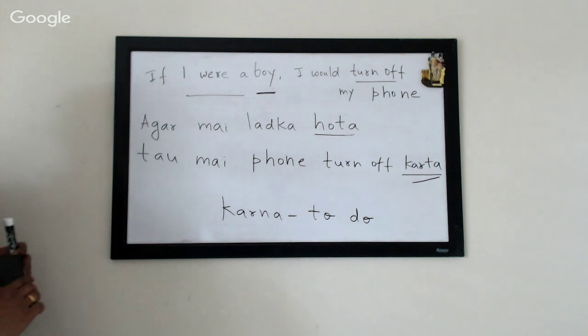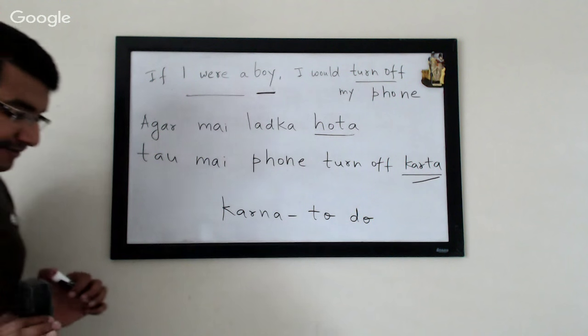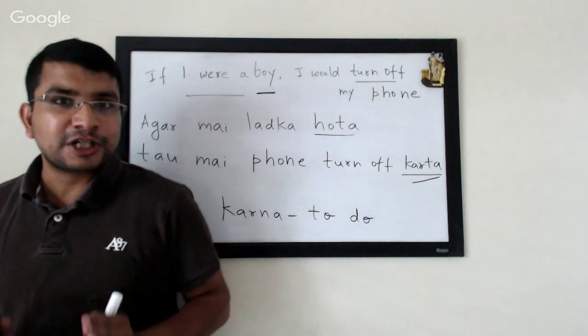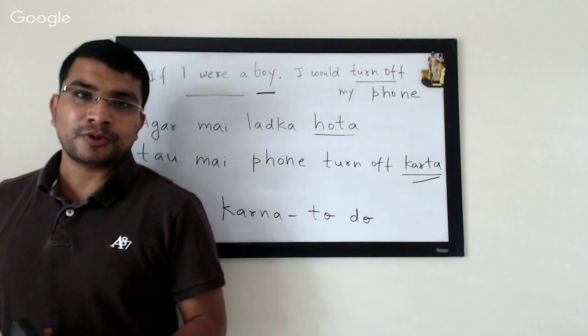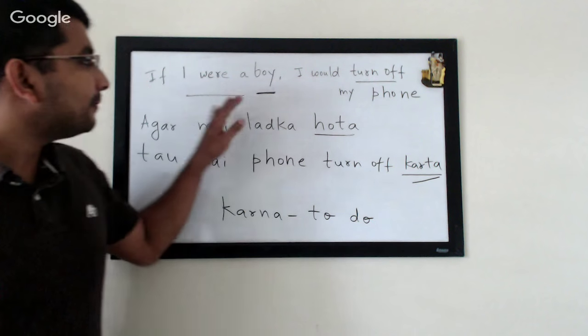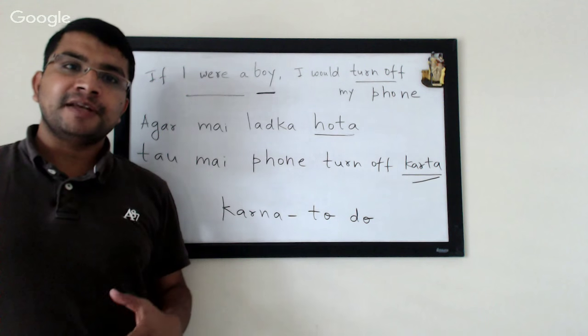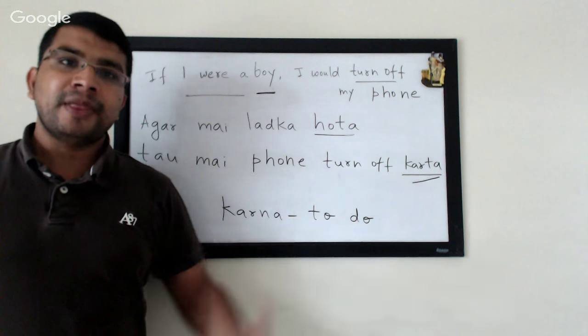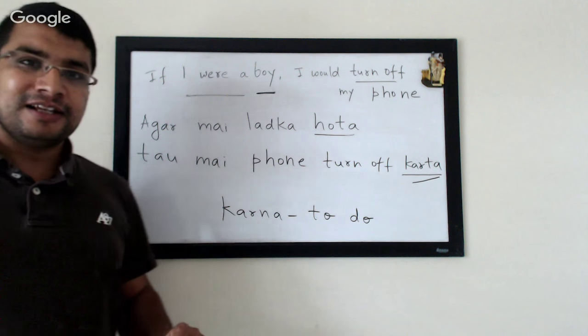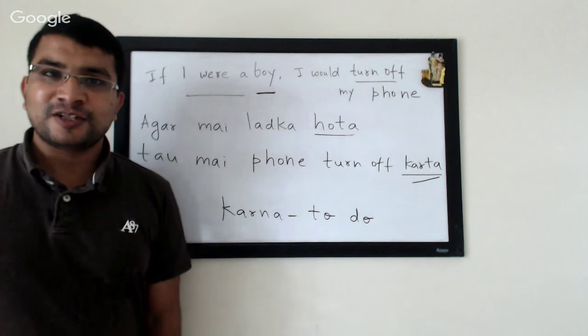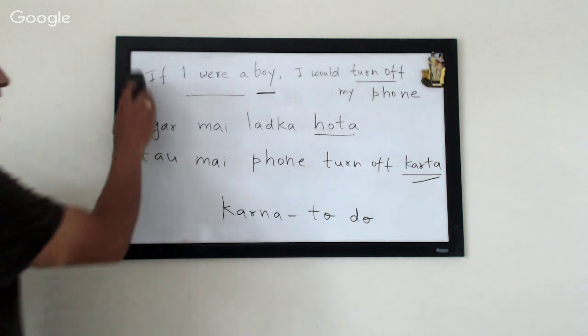So let's do another one. And again, don't forget our objective. Our objective is to learn this format and come up with a small poem, right? So all you have to do is come up with four or five imaginary sentences, write them in your native language first, and then write them in Hindi. And that would be a nice poem, right? I'll take the next one.